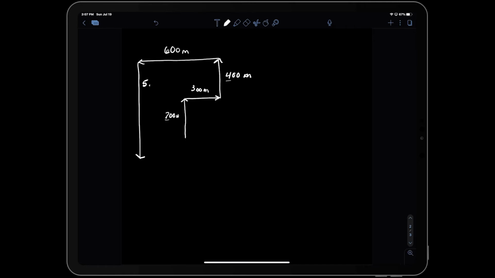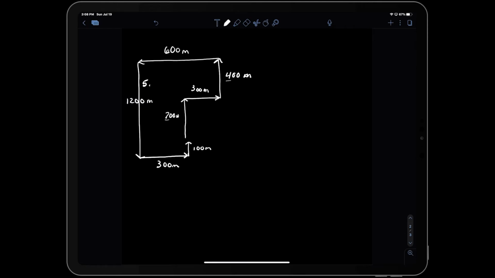So this would be 1,200 meters south. Then we have 300 meters east. So about halfway, 300 meters east. And lastly, says finally 100 meters north. All right, so we're going to have to be careful with this one right here. So I'm just going to put 100 because I'm not sure where this is going to lie.